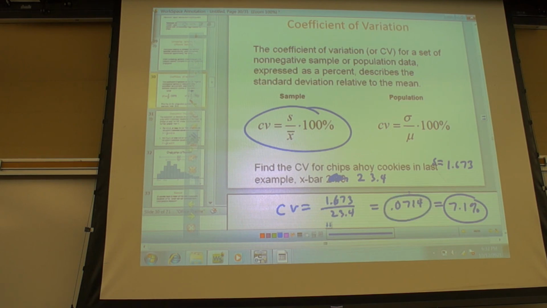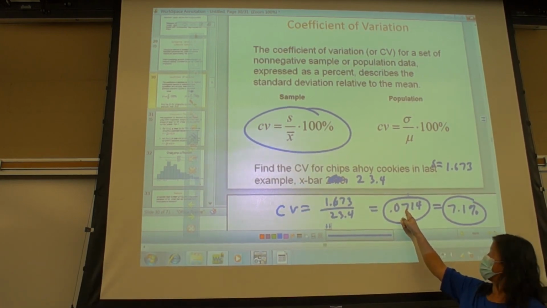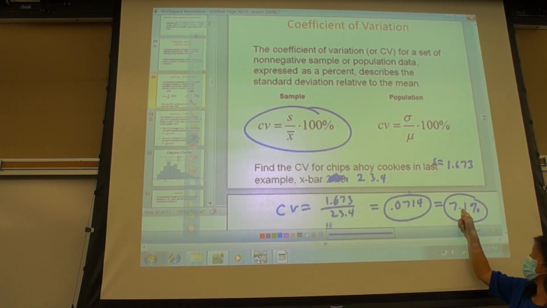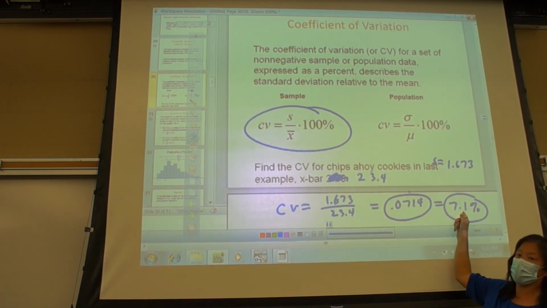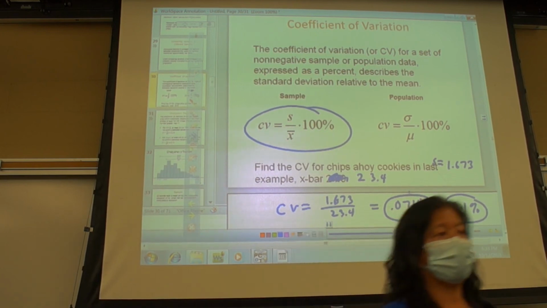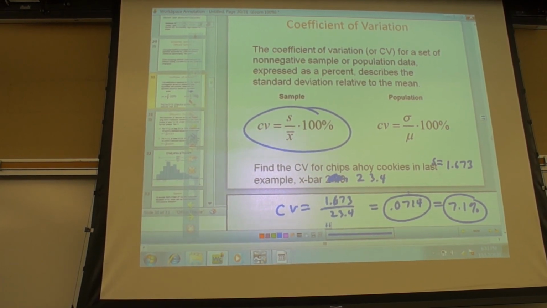This is the same as 7 cents, right? The 7 is in the cents place, so it's 7% and then some stuff after it. Whatever comes after the 7 goes after the decimal place in the percent. Sorry, it's not critical value, it's coefficient of variation. Sorry, I'm rambling a little bit.